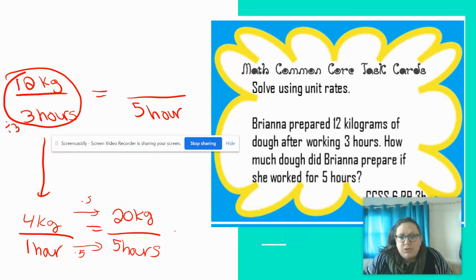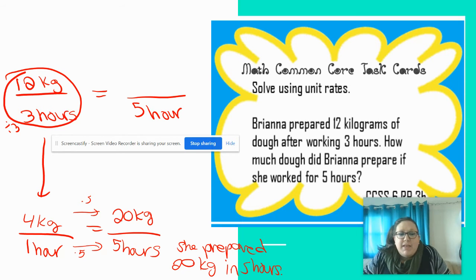So how much did she prepare? She prepared 20 kilograms in 5 hours. You want to say this is because 12 kilograms in 3 hours is 4 kilograms per hour if you divide by 3, and then you multiply that by 5 to get to 5 hours. All right, let's keep going.